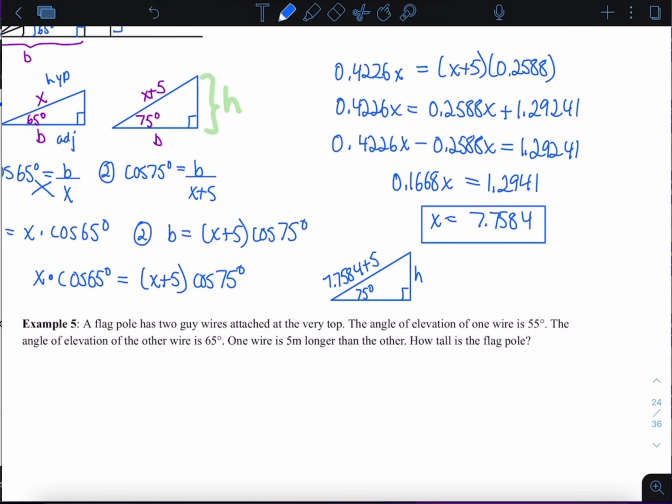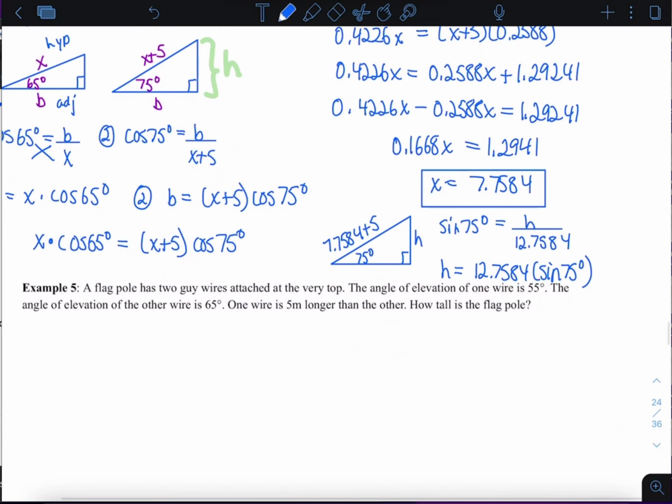But here I can say tan, no, not tan. We have opposite over hypotenuse. So it's going to be sine 75 degrees equals h over 12.7584. So h is 12.7584 times sine 75 degrees.